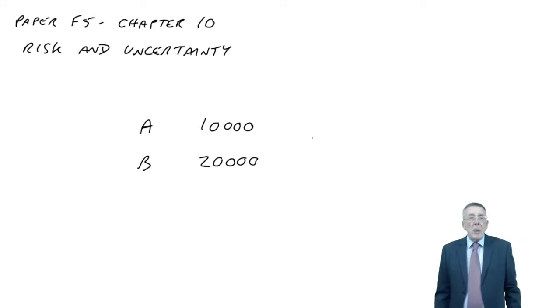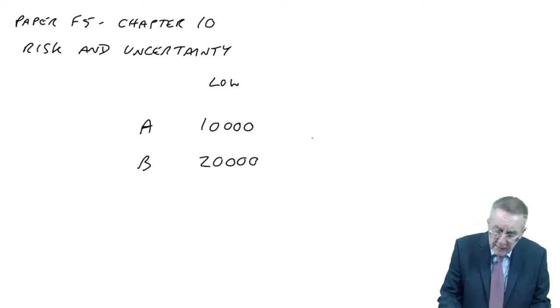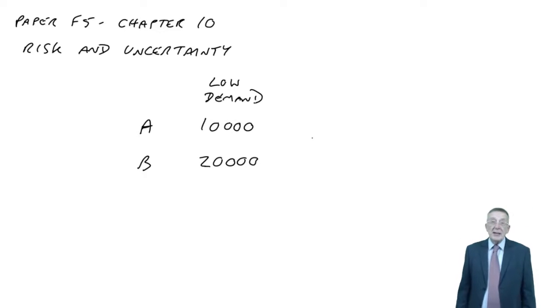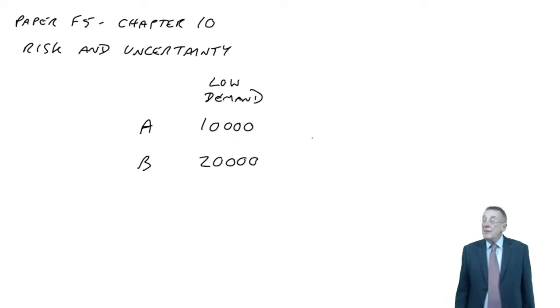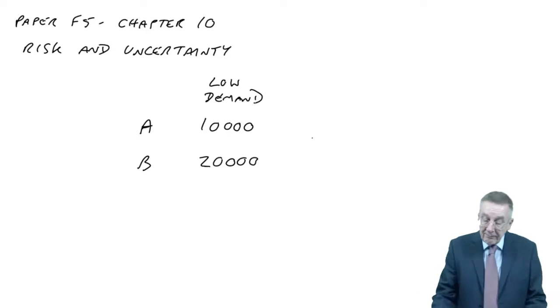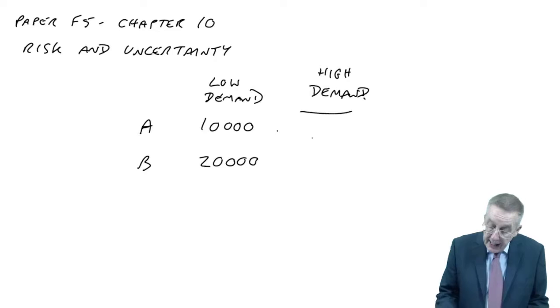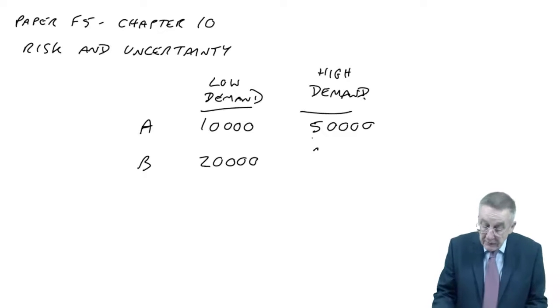Maybe I tell you that if the product isn't so successful and therefore there is low demand, then okay, A gives 10,000 a year, B gives 20. But it could be that the product turns out to be very successful, demand's high, and if that happens, A will give us 50,000, obviously more. B will give us 40,000.